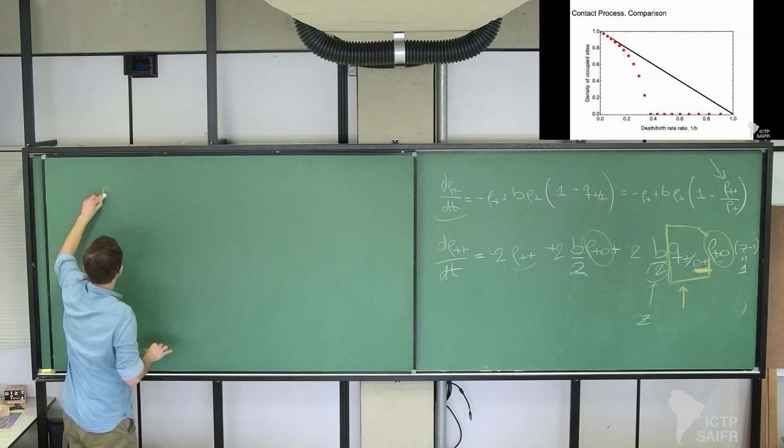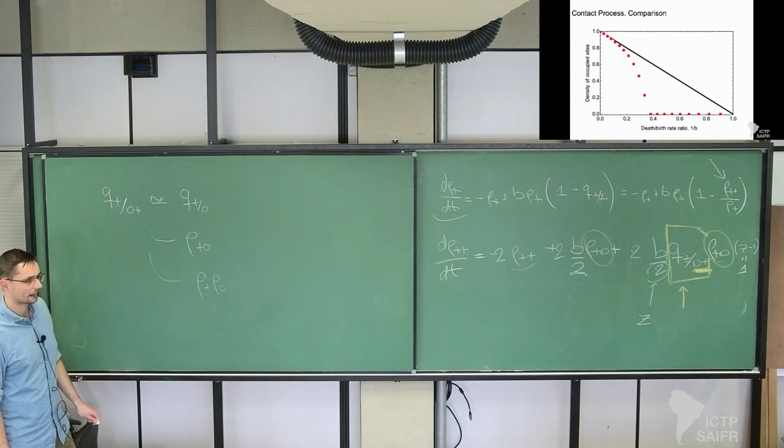What would you put there? This? This? Rho? This?